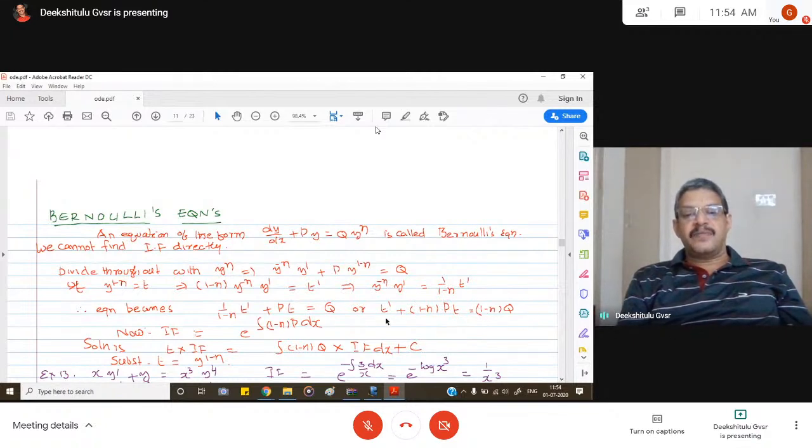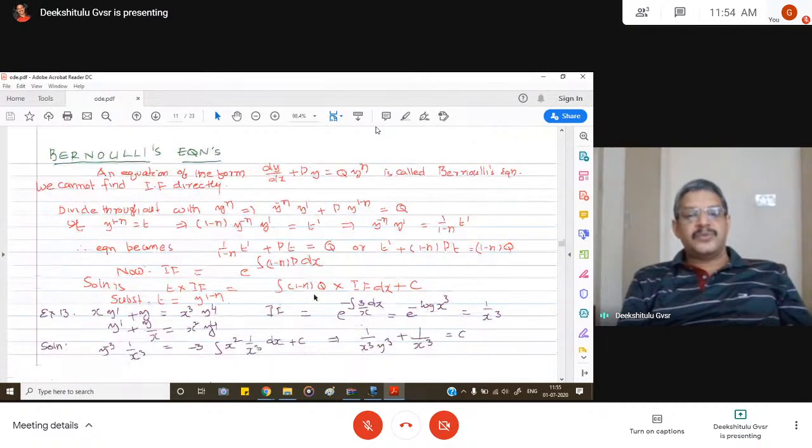So this is the standard problem, dt by dx plus 1 minus n into p into t is equal to 1 minus n into q. The integrating factor is e power integral of p dx, where p here is 1 minus n into p. So e power integral 1 minus n into p dx, if you integrate, this is what we get. This is the solution now.